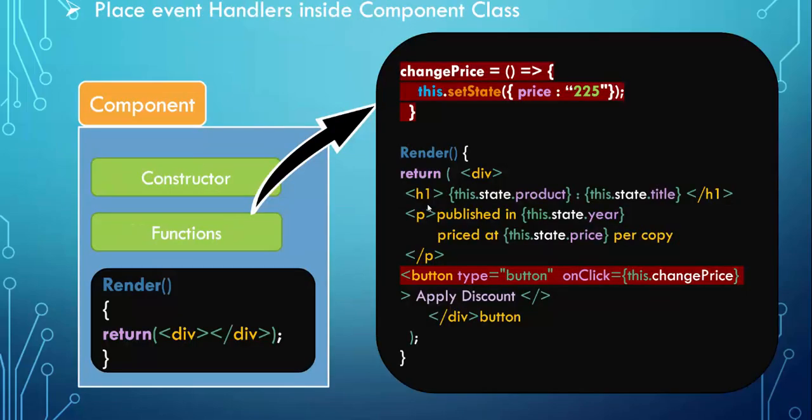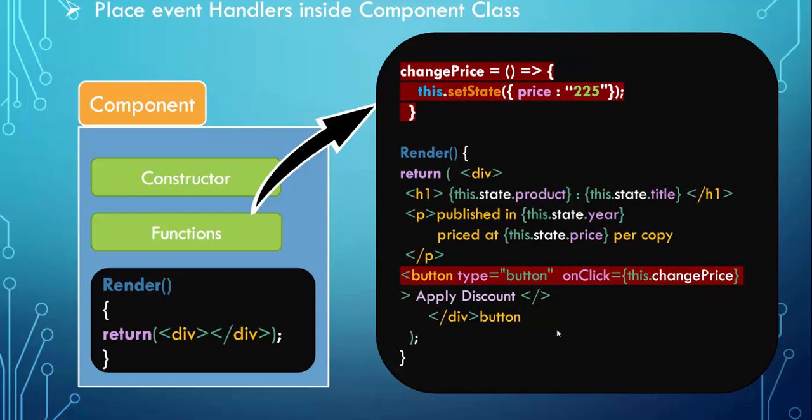Second, where should you place the event handlers? The placement of event handlers is similar to any other simple functions present in the component. So you will be placing the event handlers inside the component only, similar to the other functions.